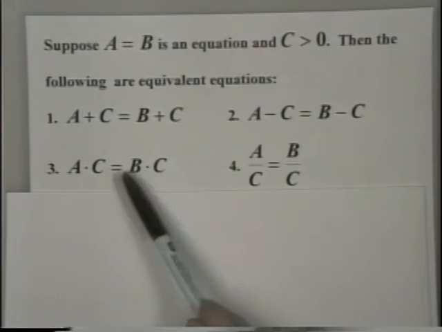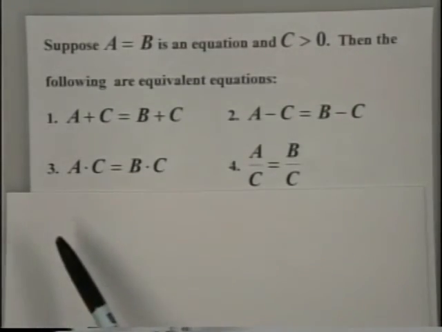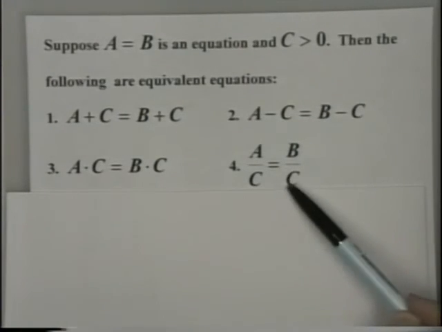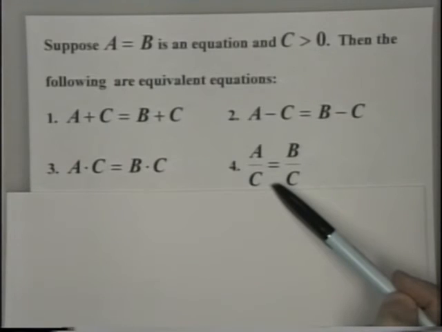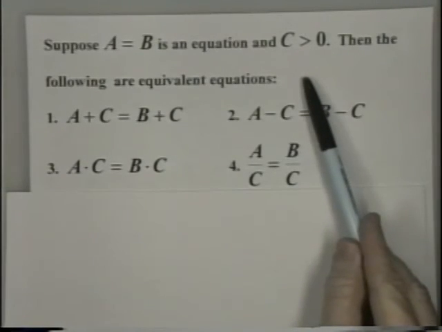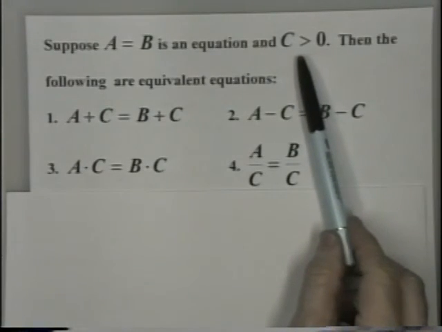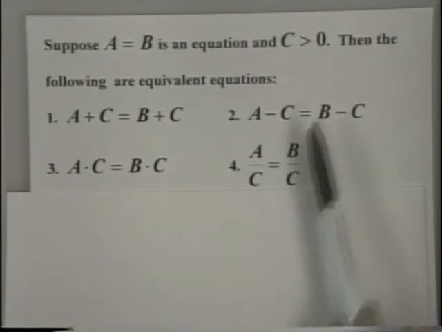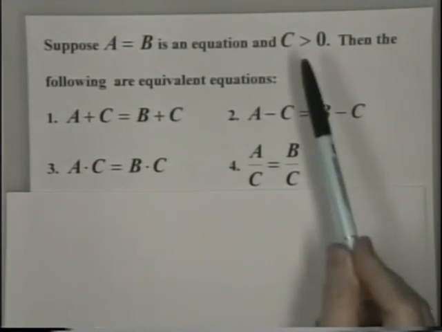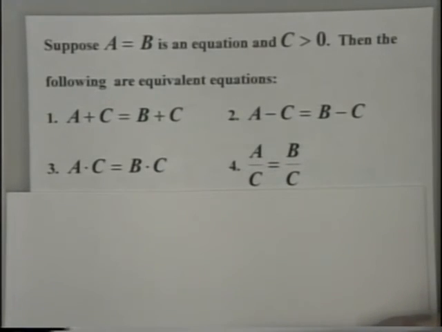Or I can multiply both sides by that positive number, or divide both sides by it, and I still have that assurance. It could be extended even further to multiplying and dividing by negative numbers. I just chose to think of C as positive to illustrate these 4 properties.